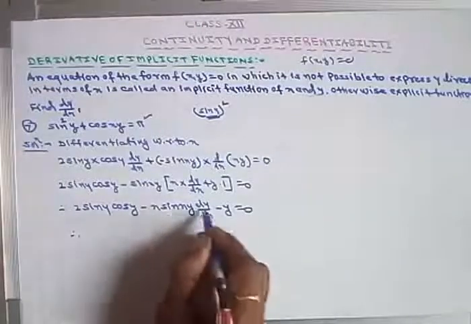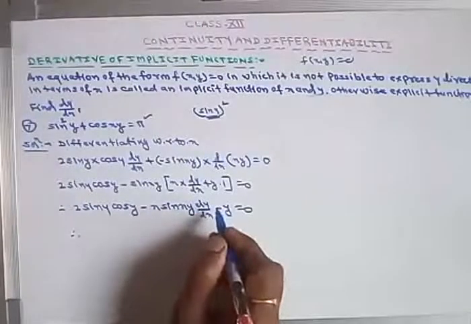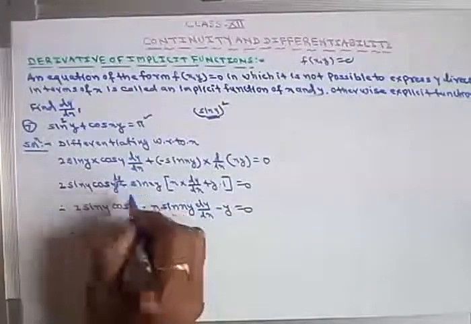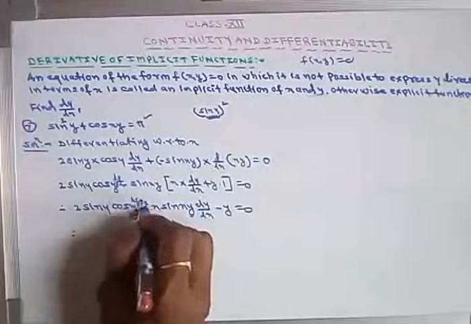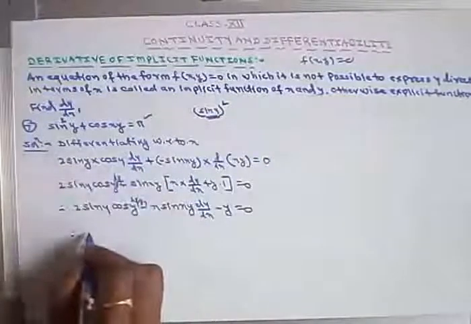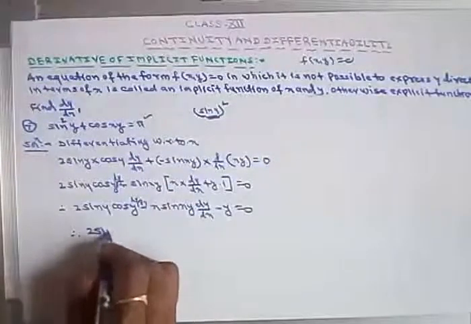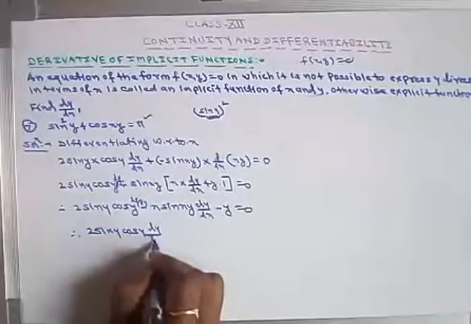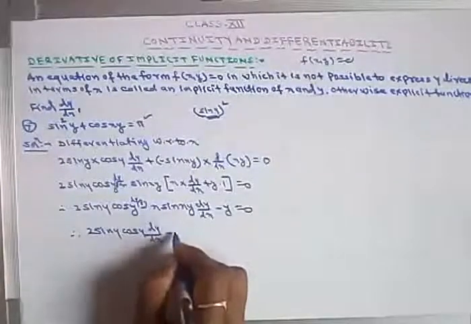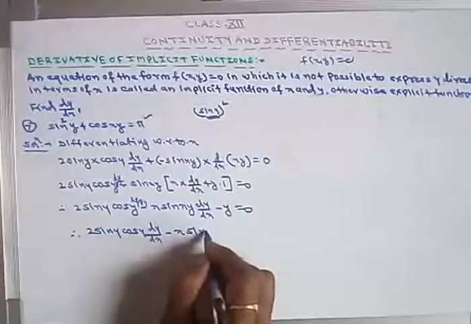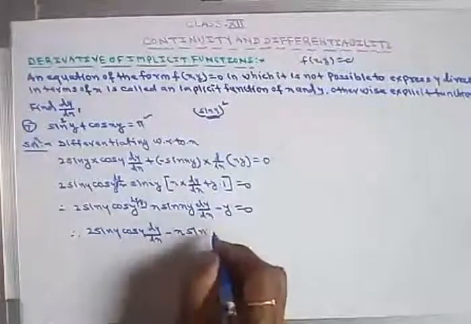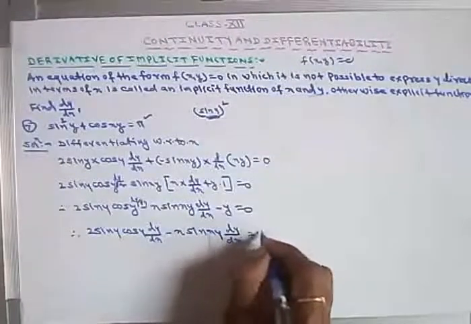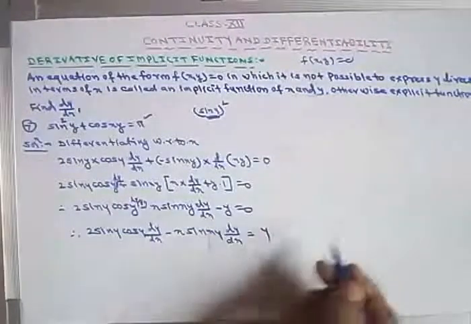Grouping, there is only one term. Oh, here it is dy by dx, sorry, so here it is also dy by dx. So this is twice sin y cos y dy by dx, then this is minus x sin x into y dy by dx equals to minus y to the right hand side.